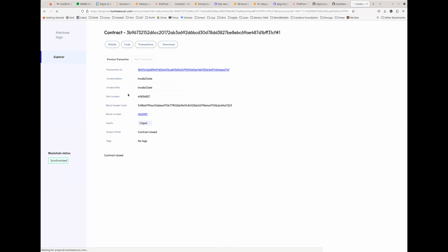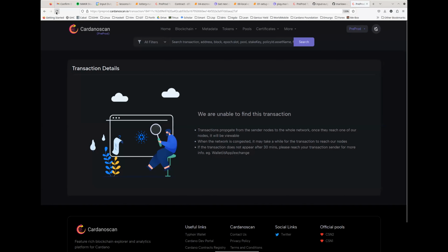And if we now check here, then we see contract closed. So now it's done. And if we look at the actual transaction, this sometimes takes a while until it actually is displayed in the explorers. So we just need a couple of seconds of patience. I'm confident it will show up.